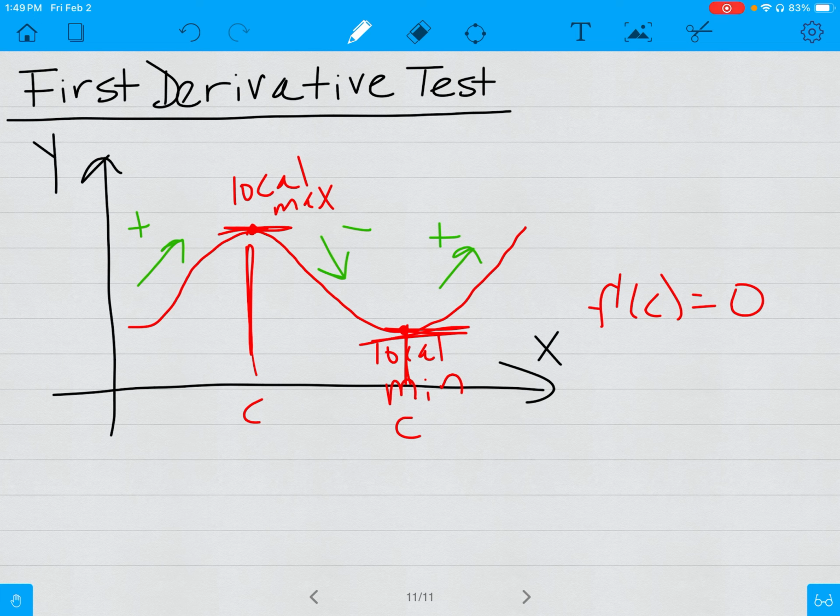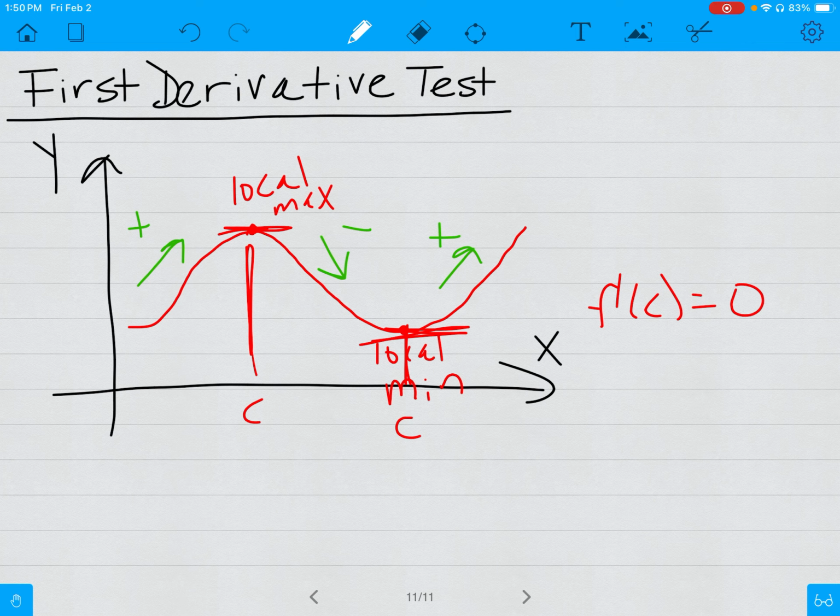Okay. So what the first derivative test has us do is find these critical numbers, then look at the signs of the derivative on either side of the critical numbers, and those patterns tell us what kind of extremum we're dealing with at that particular point.